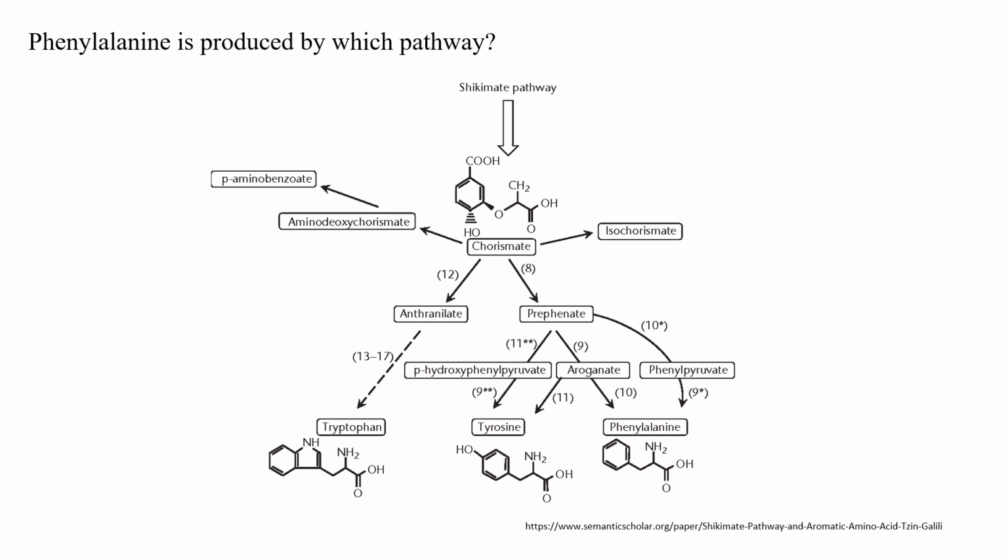In a sequence of 7 metabolic steps, phosphoenol pyruvate and erythrose 4-phosphate are converted to chorismate, the precursor of amino acids and many aromatic secondary metabolites. In higher plants, many aromatic compounds are derived from phenylalanine, tyrosine, and tryptophan, which are the end products of the shikimic acid pathway.